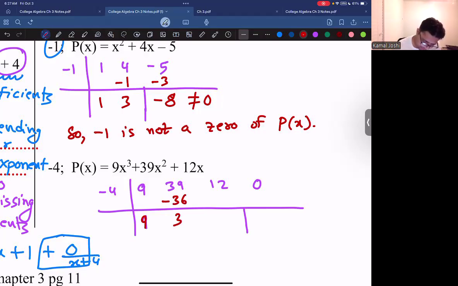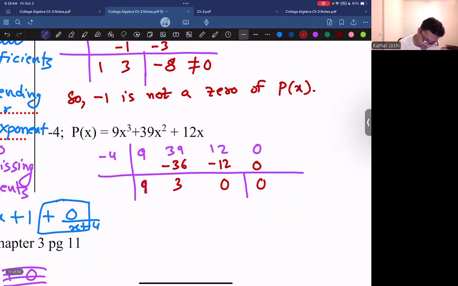Get 3. 3 times minus 4 is minus 12. You get 0. Minus 4 times 0 is 0. The remainder is 0. So the answer is yes, minus 4 is a 0 of that polynomial p of x.